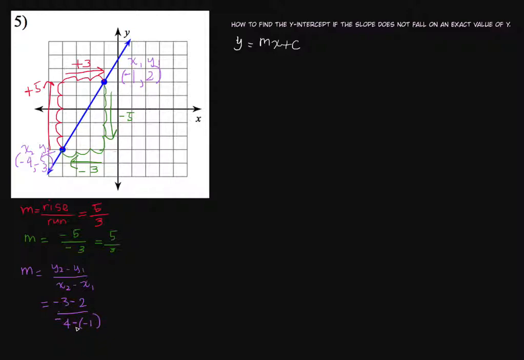Now, please do not assume that this negative sign takes the place of the negative sign here. That's why it's good practice to write down minus, and then if the value is negative, put it in brackets so you don't forget, okay?